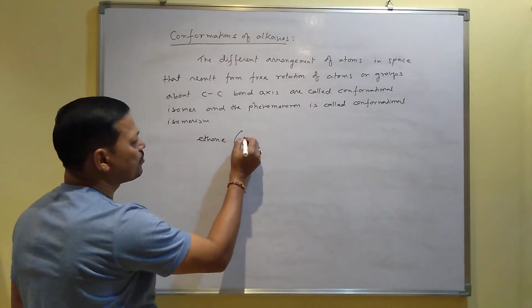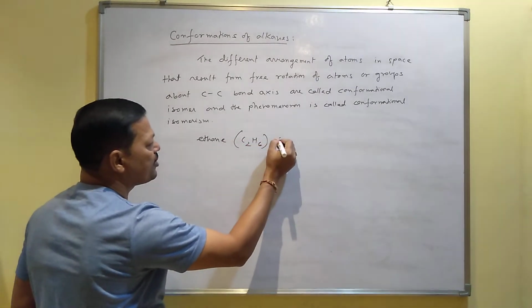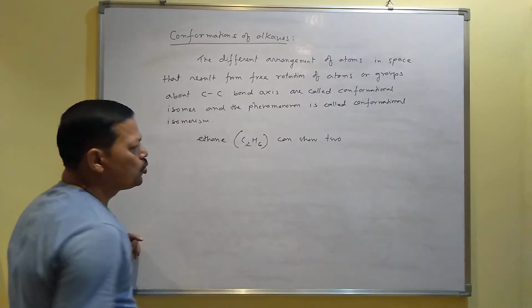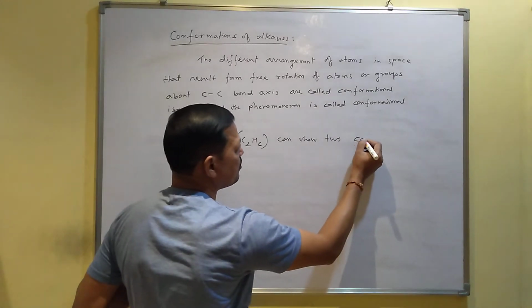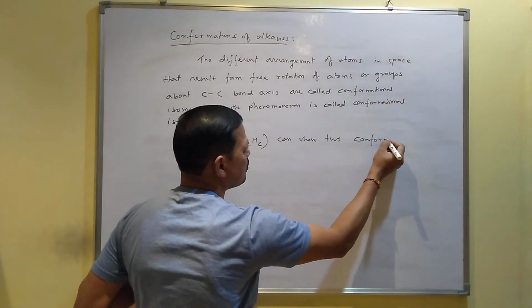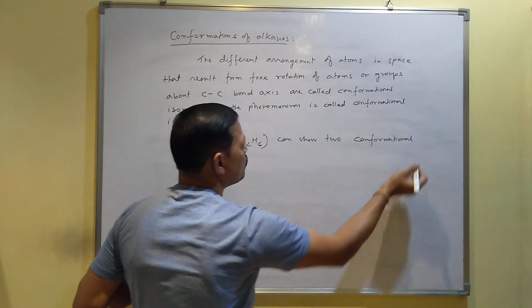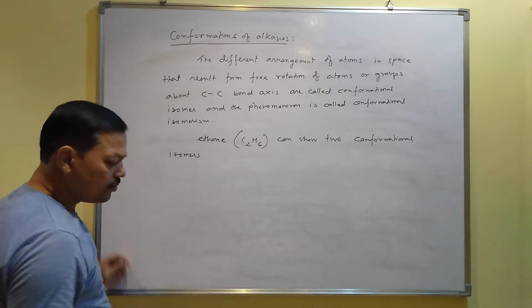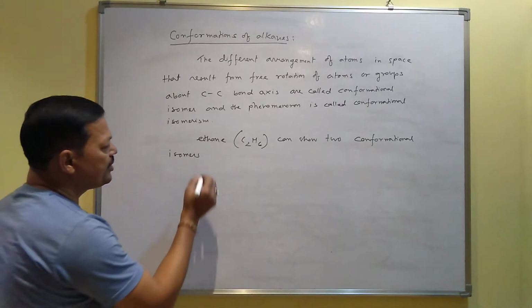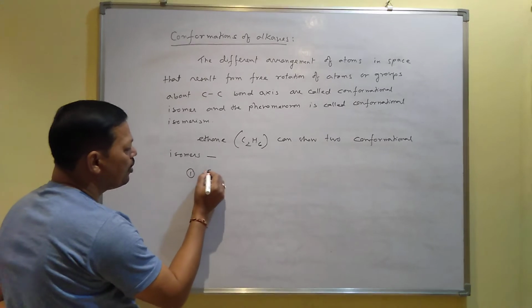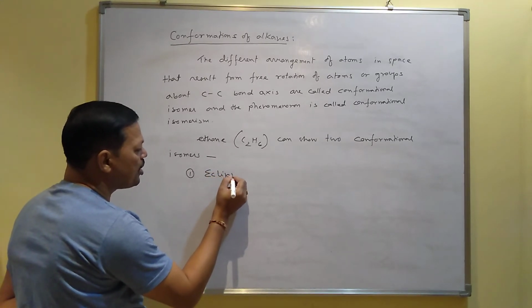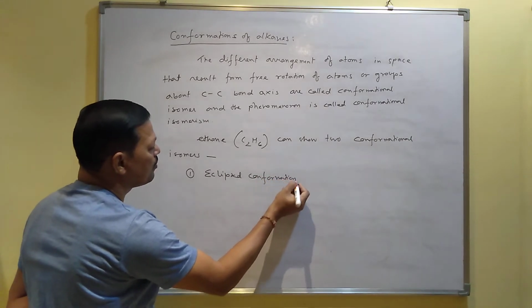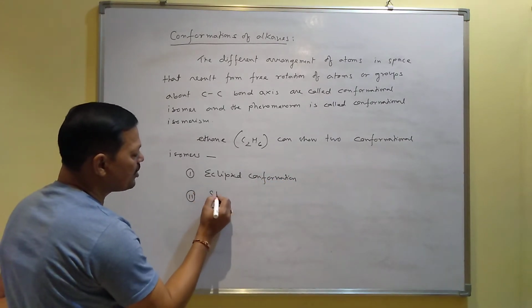C2H6, can show two conformational isomers, and these are, number one is called eclipse conformation, and number two is called staggered conformation.